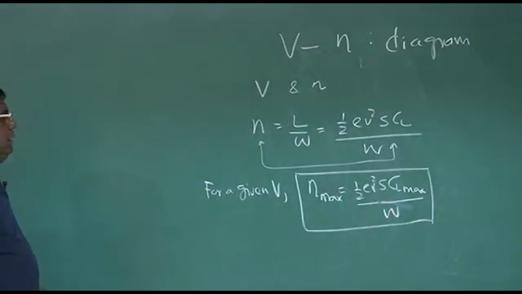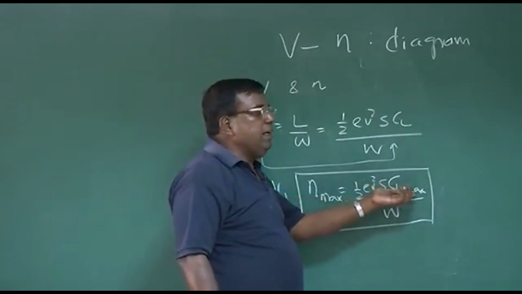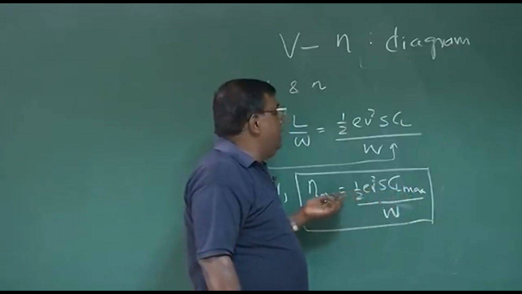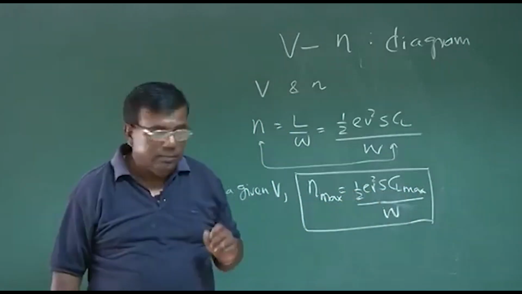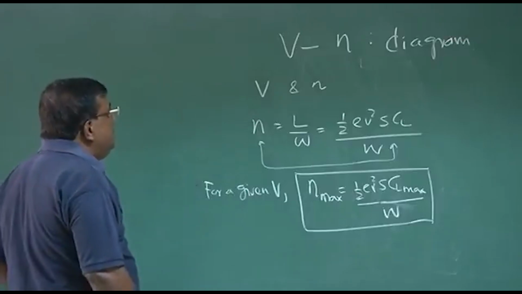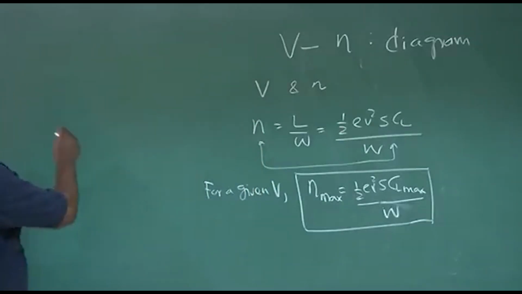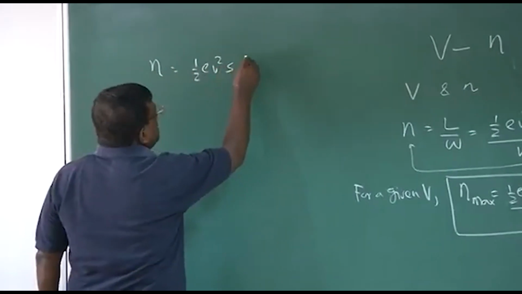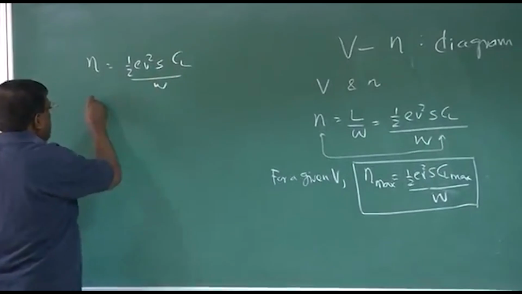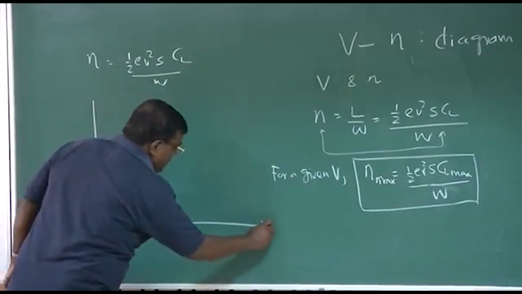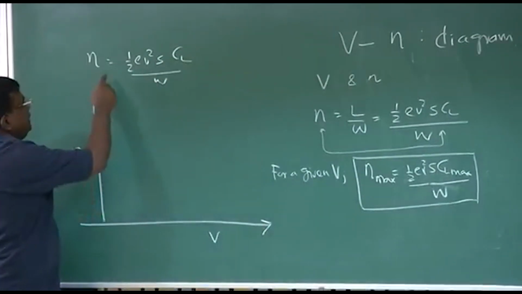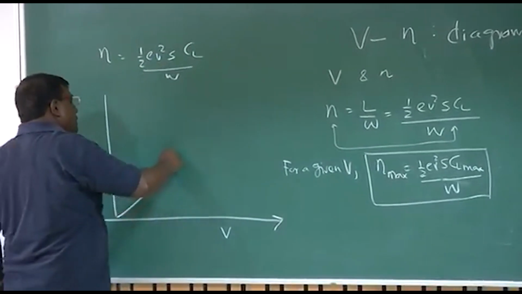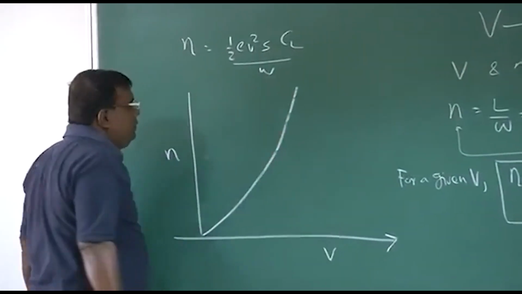If I put the angle of attack in such a way that it is at the CL max level, then for the given speed, that is the maximum load factor I can get. Now if N equals half rho V square S CL by W, and I try to plot V and N, this is y equal to x square type, with other things constant, so you will get something like this.